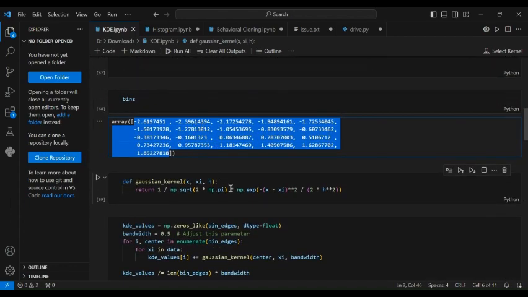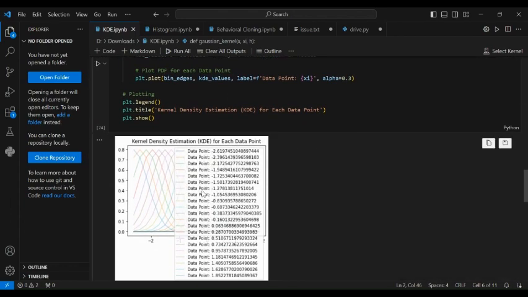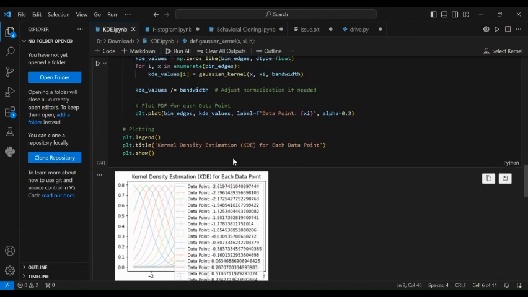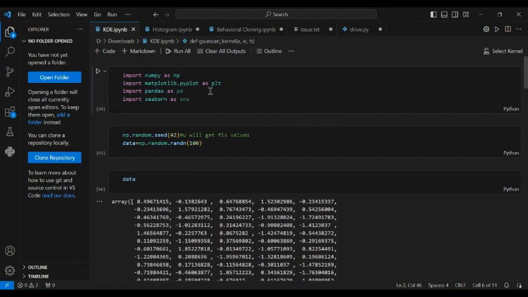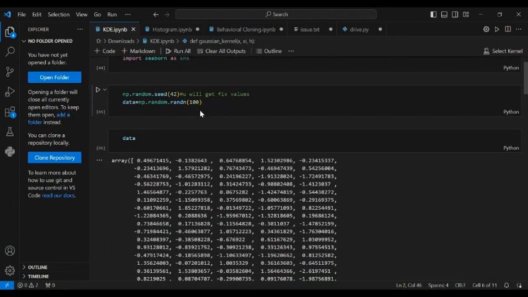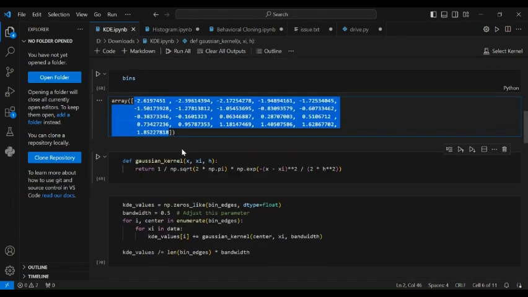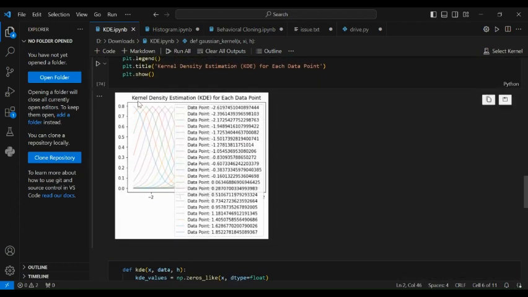If the plot is not clear, you can reduce the data points. Over here I have used 100 data points, so based on that I have used 20 bins. You can reduce it so that the plot will be clear. So for every data point, first we need to draw a normal distribution. I have done that.